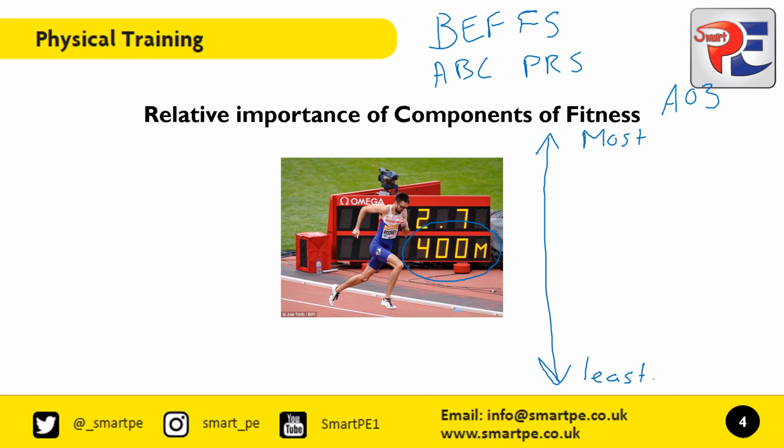So you might say, for example, I think the most important component of fitness to a 400 metre runner, and this is me personally talking, it's not written down specifically, is speed. The thing I've got to do now is justify why I think that. The definition of speed is covering a distance as fast as you possibly can, and obviously you want to cover 400 meters as quickly as you possibly can. So I think personally speed is really important.